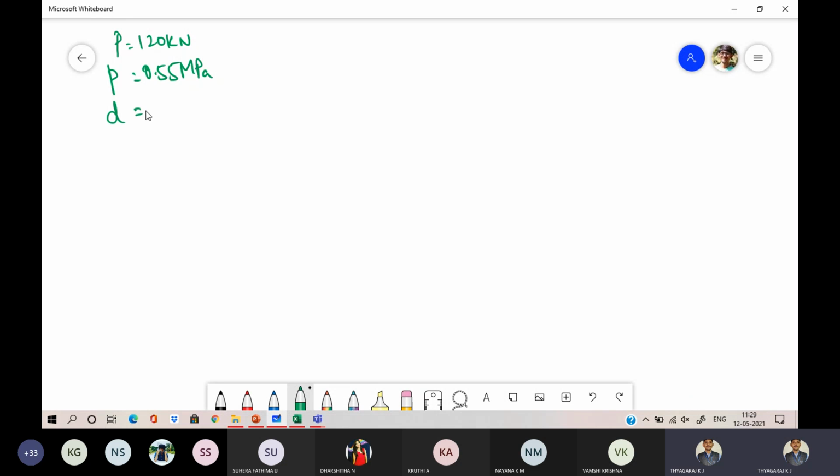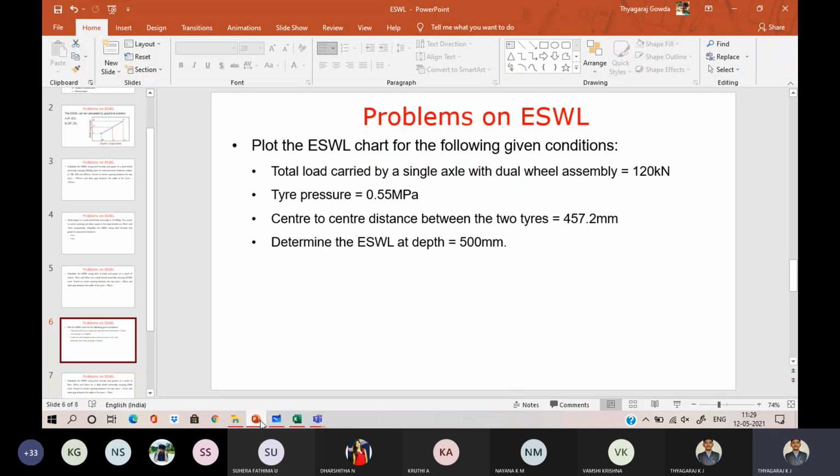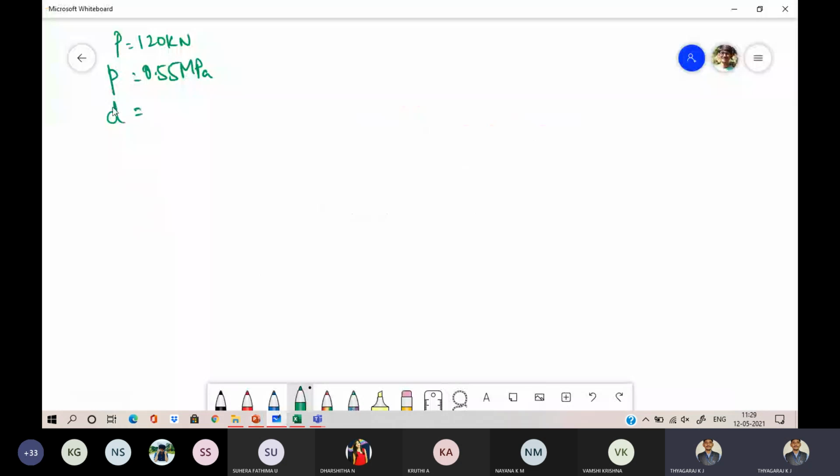Then they have given D value. What is D? Center to center distance between the two tires is 457.2 mm. So they have not given S value. We have to calculate S value.